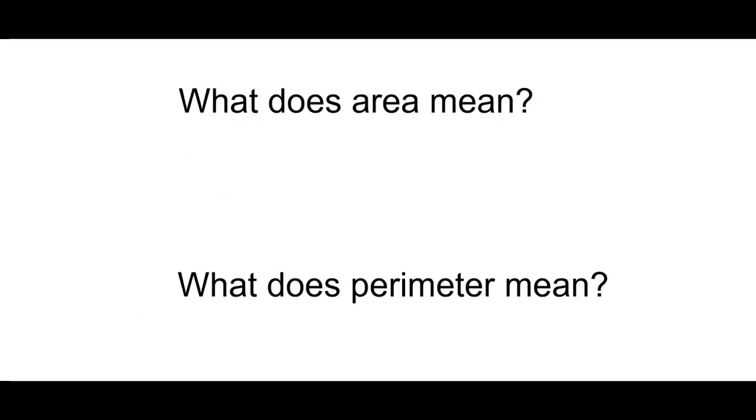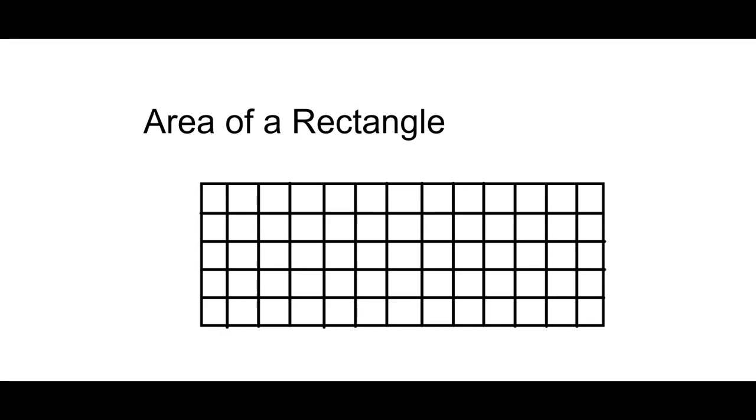So when we speak about area, what does area mean? If we're talking about the area of a rectangle, we're talking about how many square units will fit into a given surface. In this case, if I start off with the outside rectangle right here, and I've got some unit of measurement, it could be feet, inches, centimeters, miles, whatever, if I mark it off along one side and mark it off along the other, I get that this is a 13 by 5 rectangle.